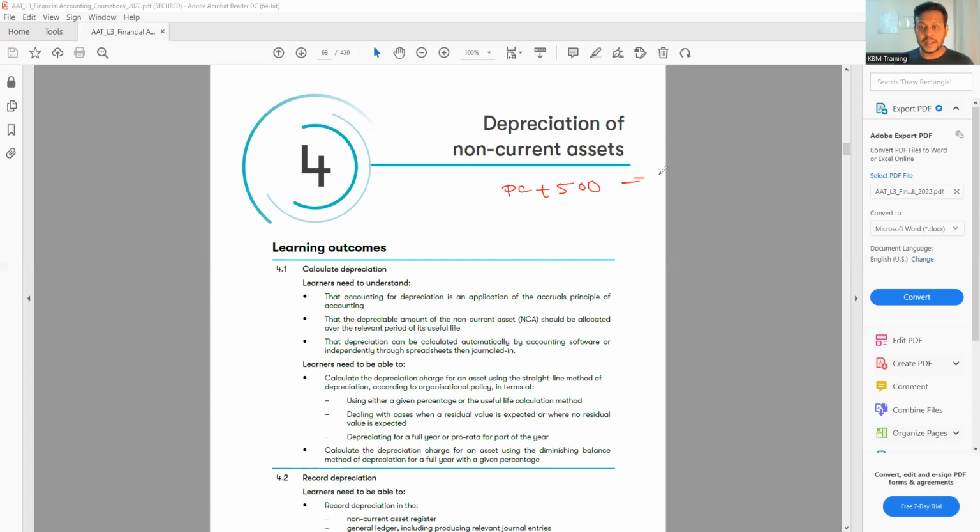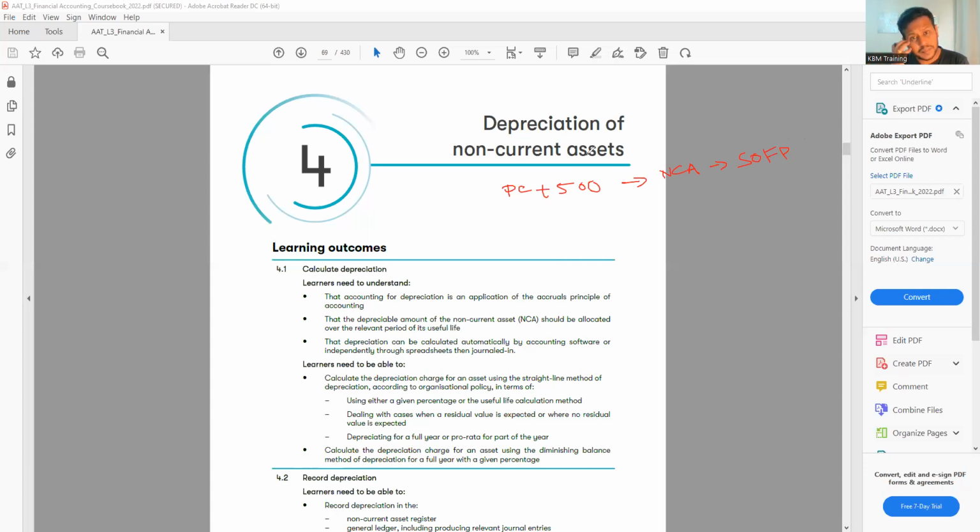We record it as a non-current asset on our SOFP, on the statement of financial position. So we record it there. Now, my financial statement says I have an asset, the asset name is computer, and the value is £500. Now, think about it like I have a plan to use it for the next 5 years.